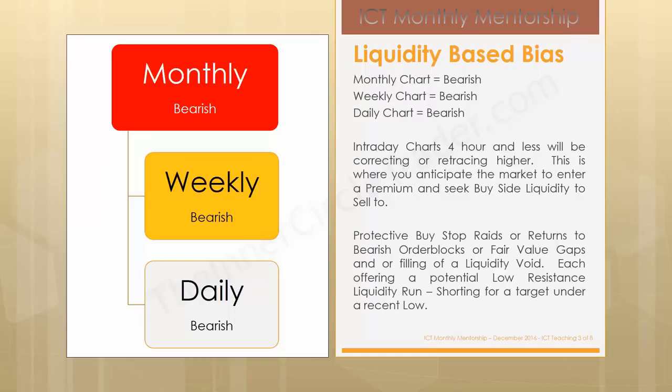So the weekly chart will require a lot longer time period to change direction versus the daily chart, which can go up and down multiple times and still maintain the bearish nature of the weekly and the monthly. And obviously the monthly takes a long time to change direction, and that's where the power of what I'm going to teach you in this module comes in.